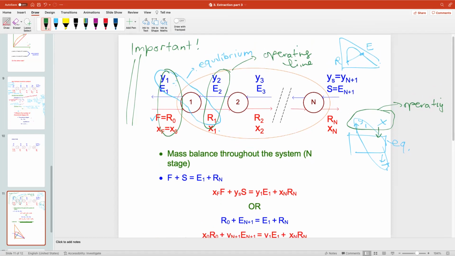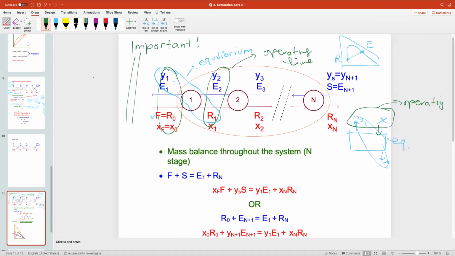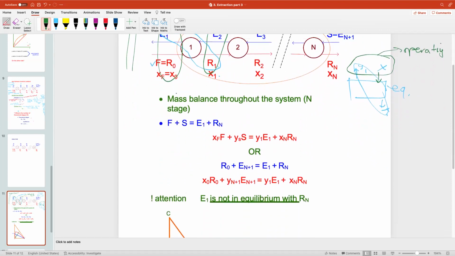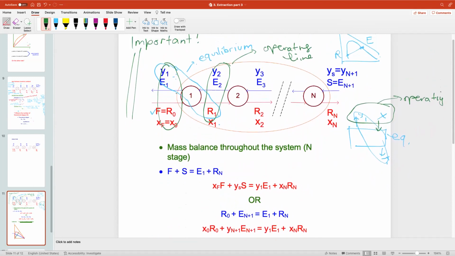Now, to get the operating line, or to get the correlation between those two, we're going to use the mass balance. So let's say we use the mass balance throughout the system with this envelope, the red envelope, and here we have the F going inside with the composition of F, plus S, because solvent is also going inside the envelope, masuk ke dalam kotak ini, with the composition of YS.